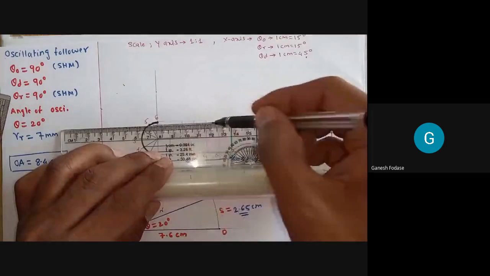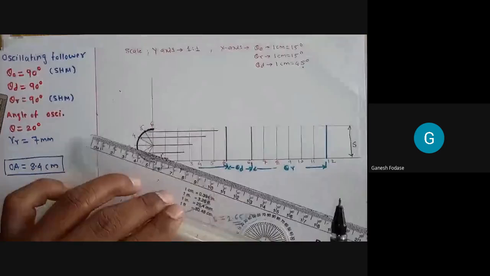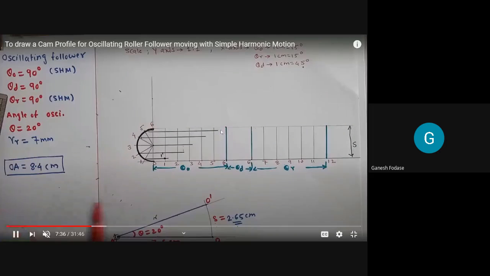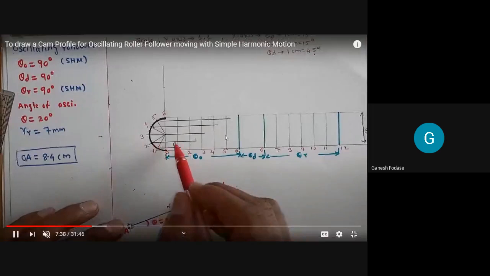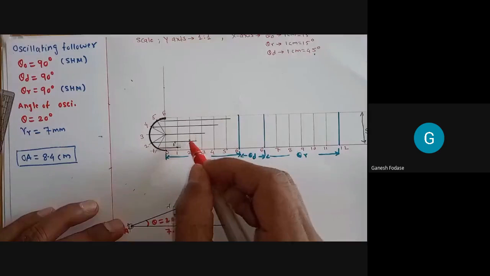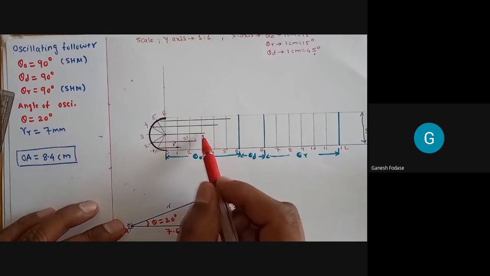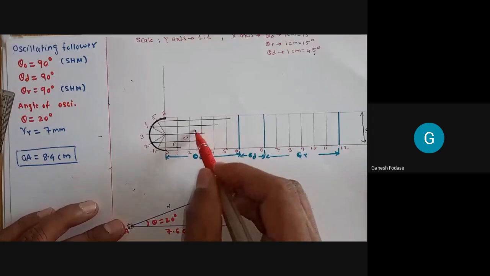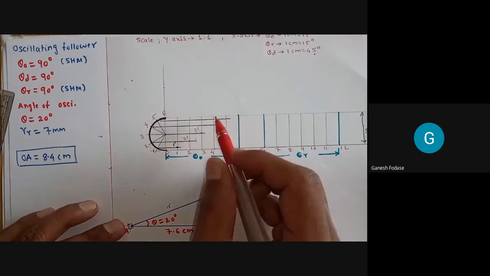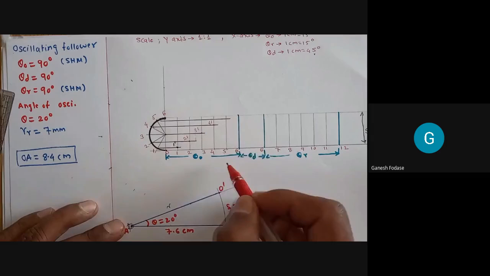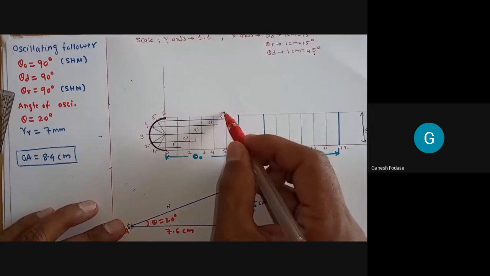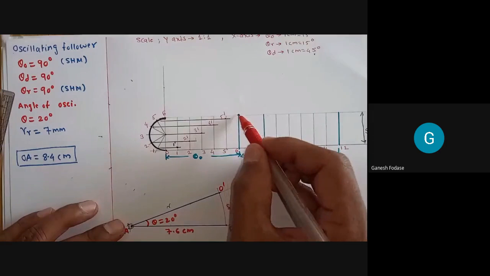For the projections through 5 and 6, there is no need to draw projections as the point is already there. Now we get this point as 2 dash. Next 3 dash, the intersection of the horizontal projection of 3, then 4 dash, 5 dash, and finally 6 dash.